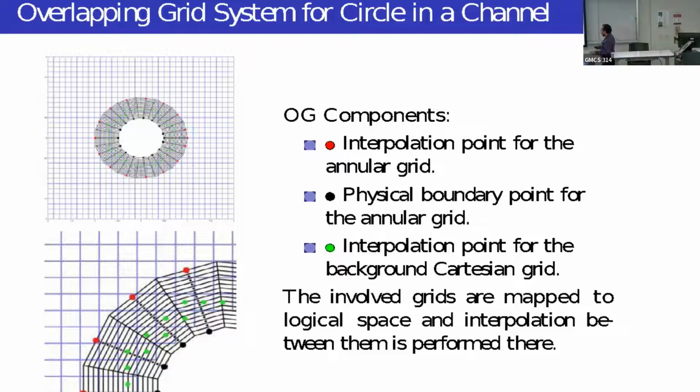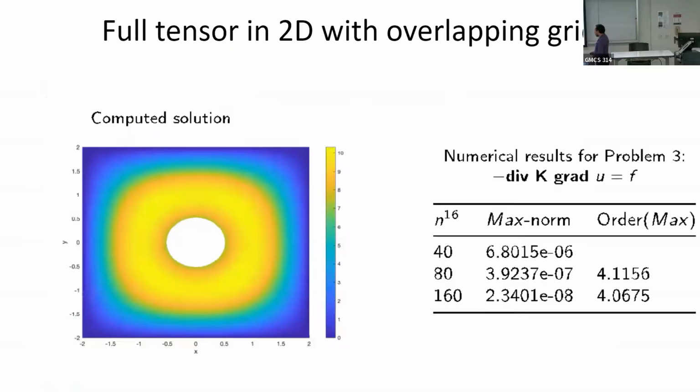Basically, you overlap all these and do some interpolation from the Cartesian points, which are the green points here. But the boundary conditions do not change. The physical boundary condition is the same. The advantage is that you're able to solve the problem on a Cartesian mesh, and that is way faster than trying to do something else.